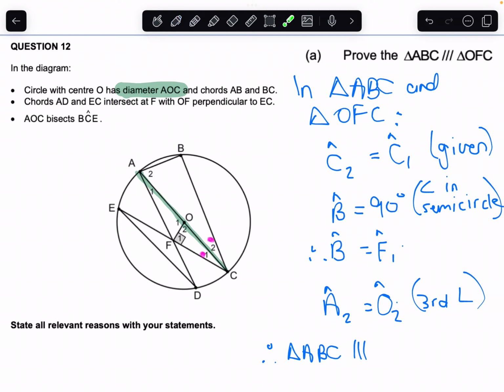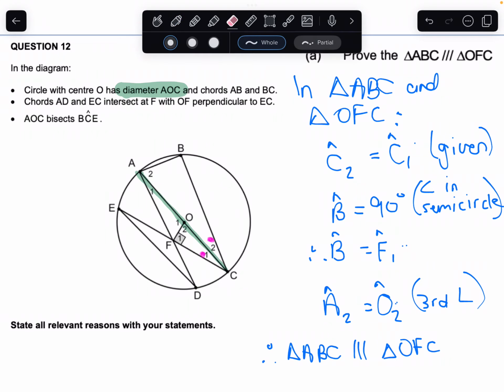F1 is the 90 degree, not C1. So it is similar to triangle OFC. Just erase these little dots before we think they have meaning. And the reason there is angle, angle, angle.